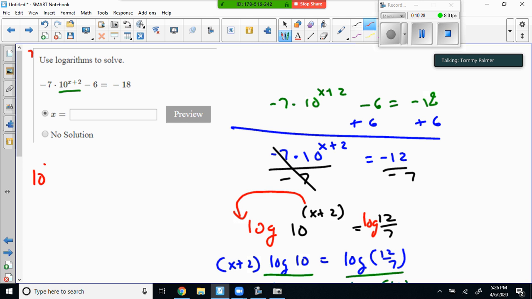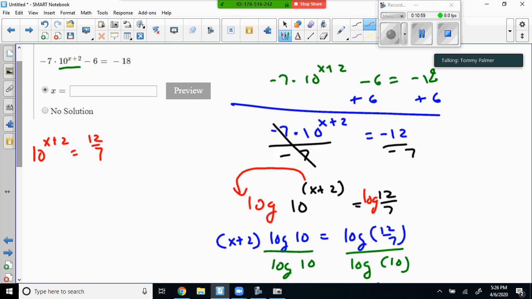I couldn't have 10 to the x plus 2 equal to 12 over 7. If you can't get them to be the same base, the principle of equality is what you do to one side, you do to the other. That allows you to use logs to solve it, using properties of logs, the power of a log and stuff like that. So that's what went on here.